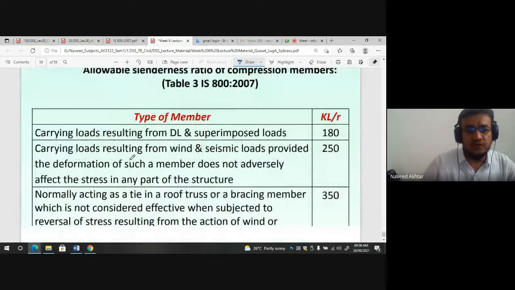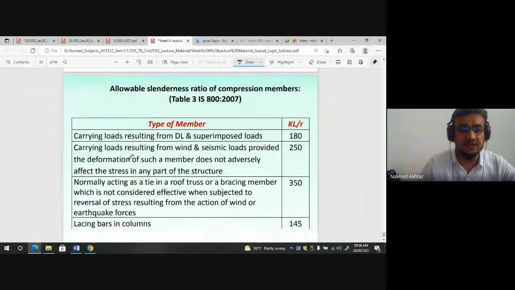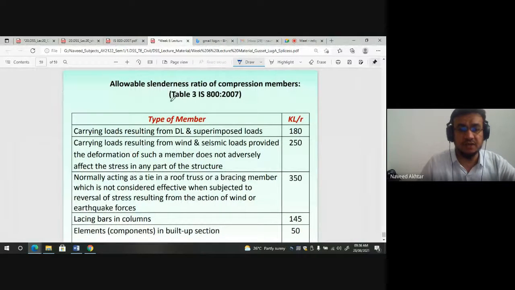Now, various compression members are there. Table number 3 of IS 800-2007 gives the allowable slenderness ratio for compression members.